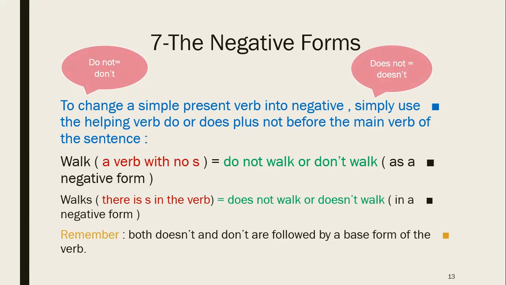So we can say walks, doesn't walk, plays, doesn't play, reads, doesn't read. But if the verb has no final s, do not plus the infinitive. So we can say walk, don't walk, run, don't run, play, don't play.